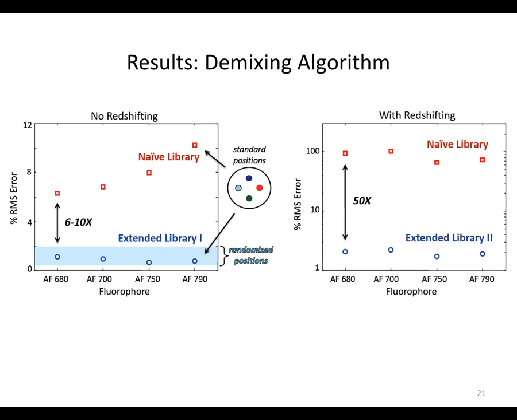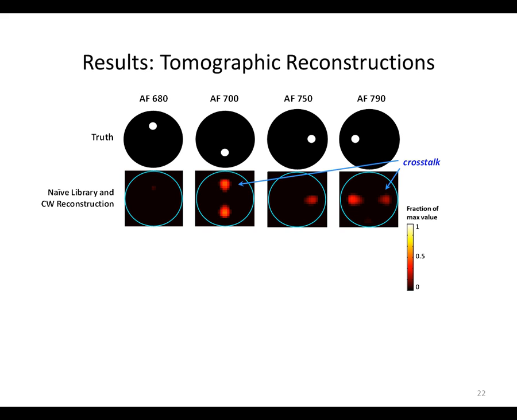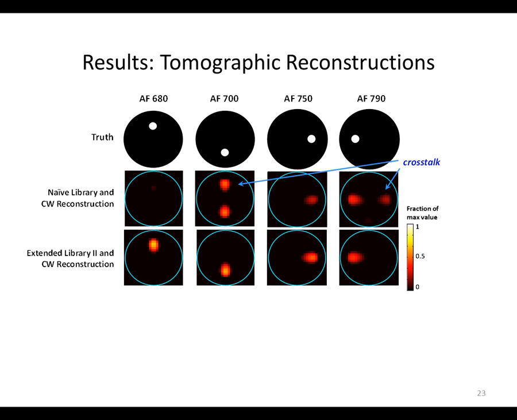Now, I said I was going to focus on the demixing algorithm, but I just want to show you what happens if I take these estimates and do some tomographic reconstructions. This is why the errors with the naive library are so high, because we're getting a lot of crosstalk. 680 is being misidentified as 700, and to some extent, that's also happening to 750 and 790. But with our extended library 2 approach, that goes away, and we get slightly higher values, which means that we're recovering more accurate concentration estimates.